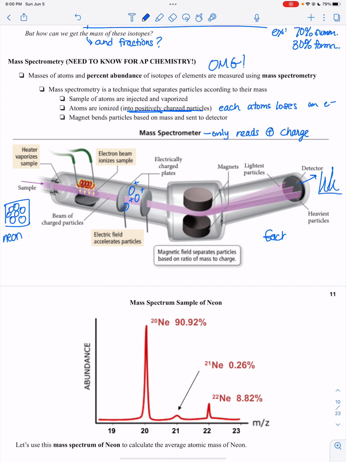Each peak is for a different isotope. So if there are 3 peaks, that means I have 3 isotopes. And they'll have different heights, which are different abundances. 3 heights, 3 abundances, or percentages.